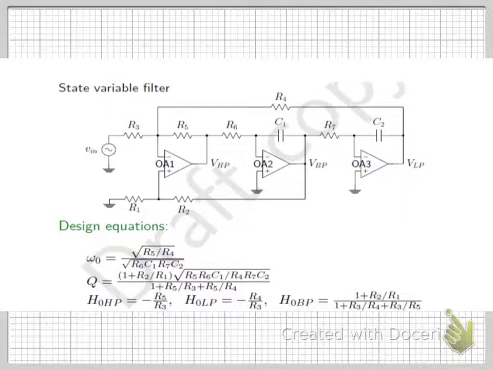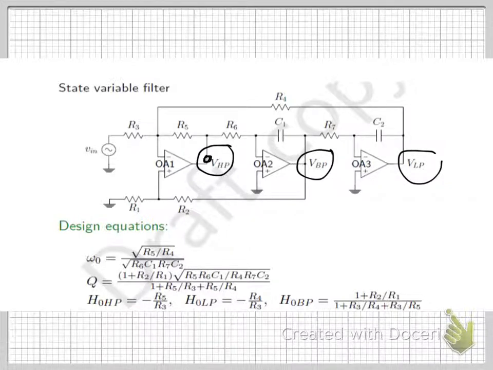And the nice thing about this filter, I think it's absolutely epic. I have the utmost respect for the person who had designed this. So you have a high pass output, a band pass output, and a low pass output. So by designing this one filter, you have access to all three parts of the filter.